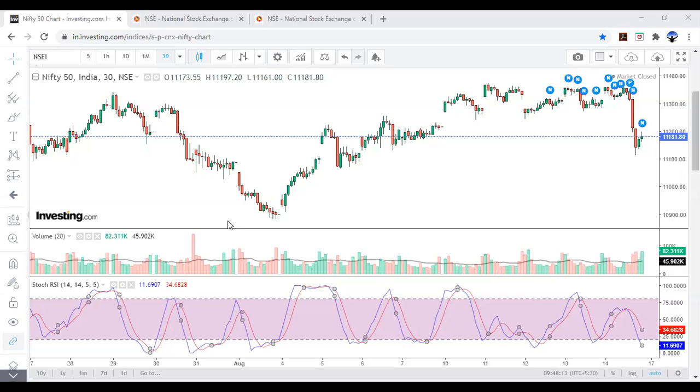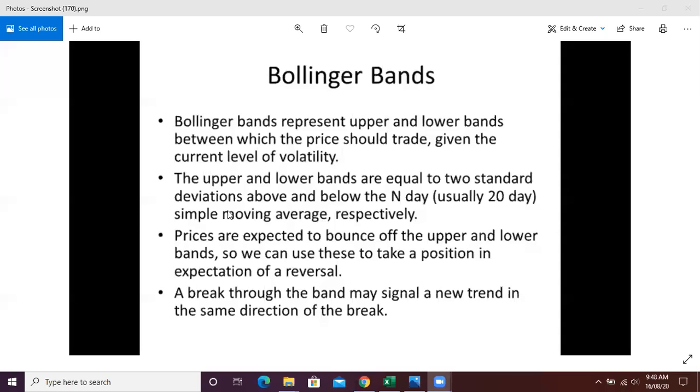The Bollinger Bands represent the upper and lower side of the price, and help to calculate the volatility of the asset prices.